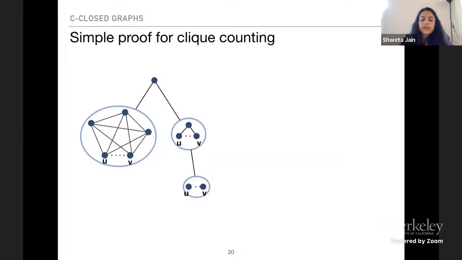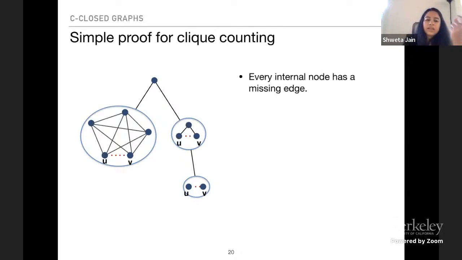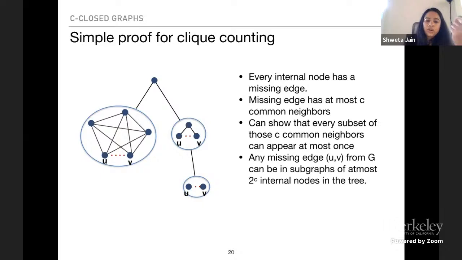Remember that everything that is on the path to that node has to be a neighbor of UV. And since we are in the C-closed setup where UV is constrained to have no more than C common neighbors, the number of such unique paths that can lead us to a node that contains the missing edge UV can be at most 2 to the C.